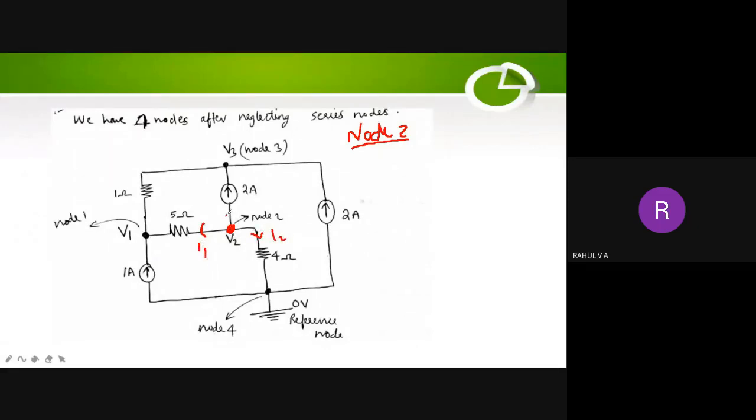In the place of I3, we have a current source, but the direction of current is upward. That means it is moving away from the node. So we have no current entering the node. We have all the current leaving away from the node. So we can write I1 plus I2 plus I3 is equal to 0.